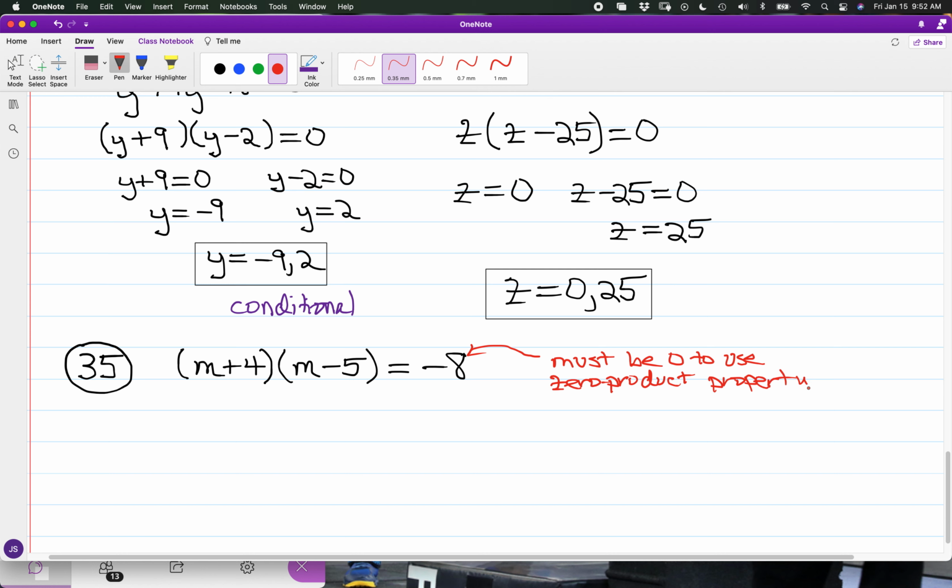So what this means is that if we want the zero product property, we're going to have to redo what we have in the letter m.